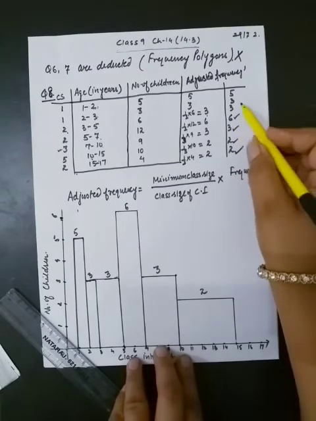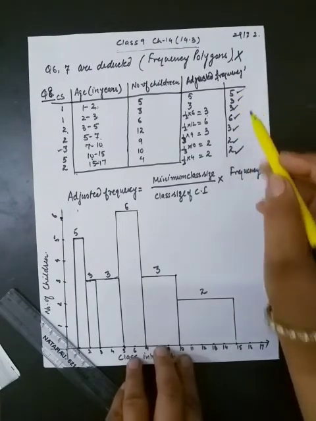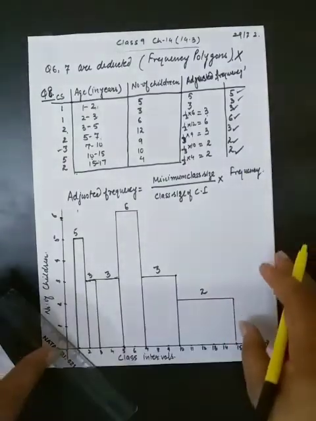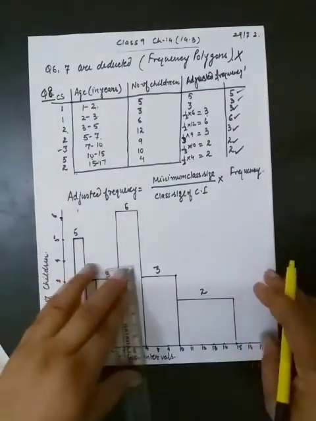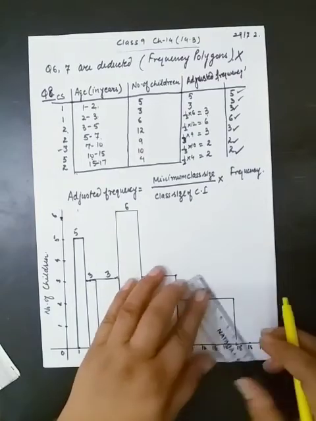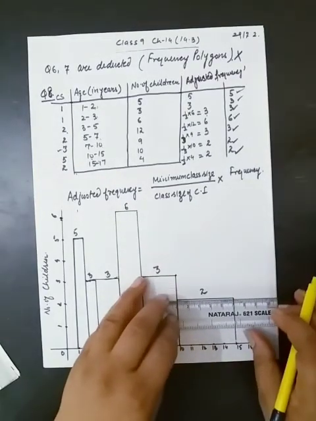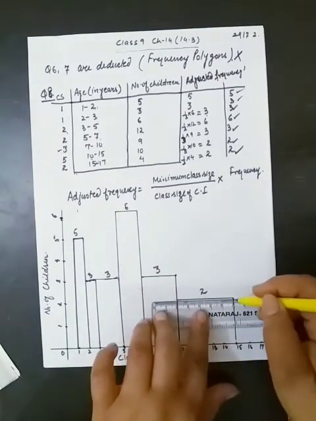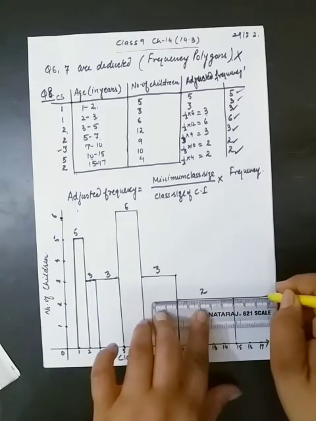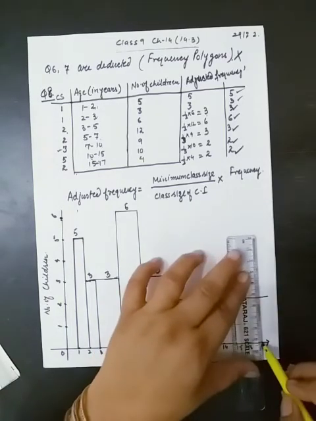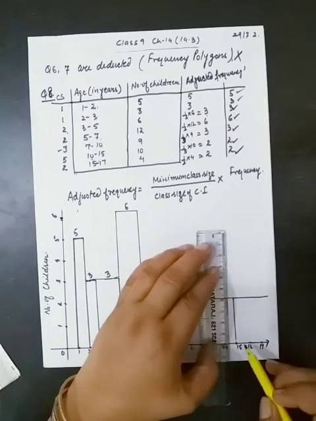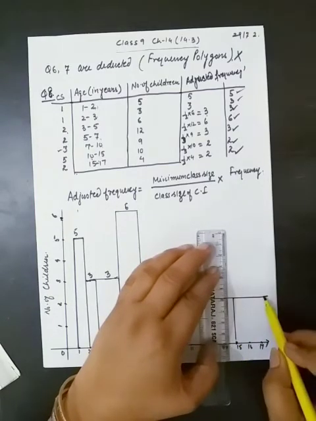To plot these intervals, we have to use adjusted frequency, not given frequencies. Sorry, we have to take 15 to 17.